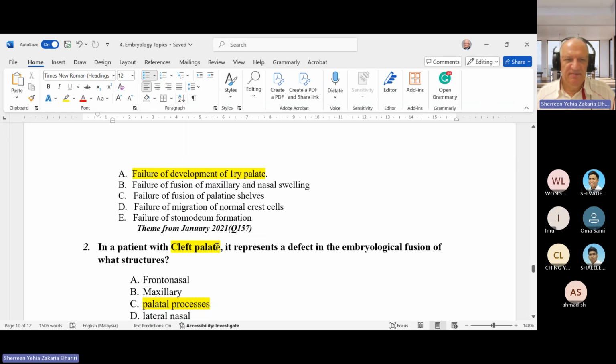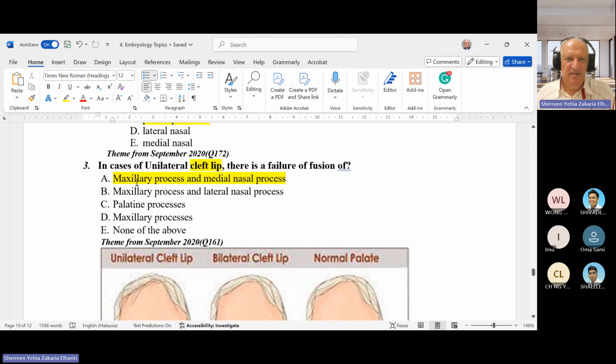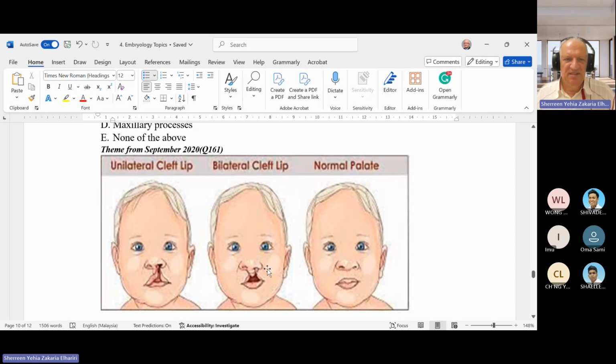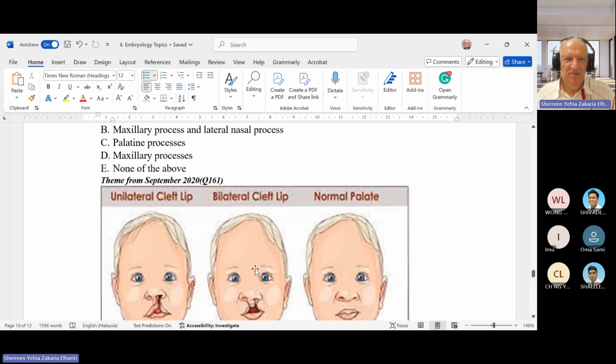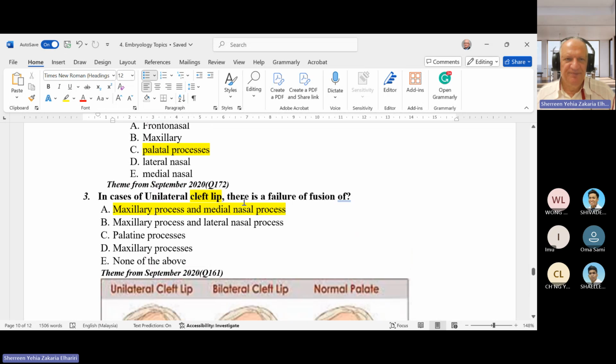But cleft lip is failure of fusion of the maxillary process and the medial nasal process. So this is the area in embryology related to the maxilla and the medial nasal process. So this is a cleft lip.